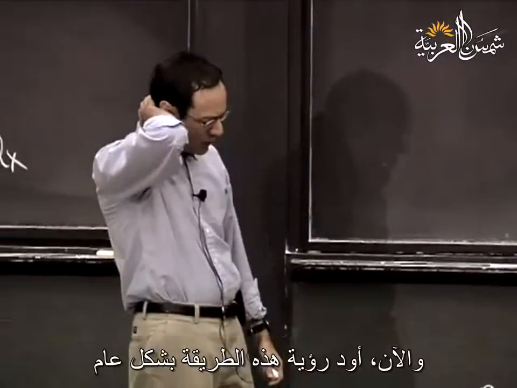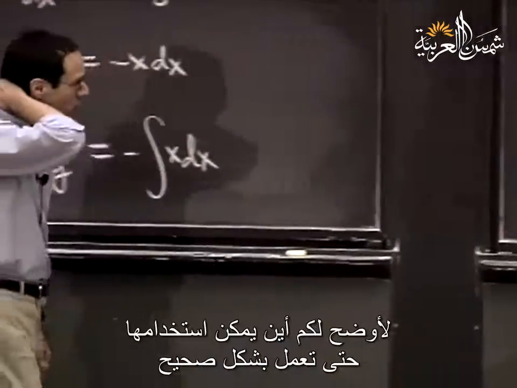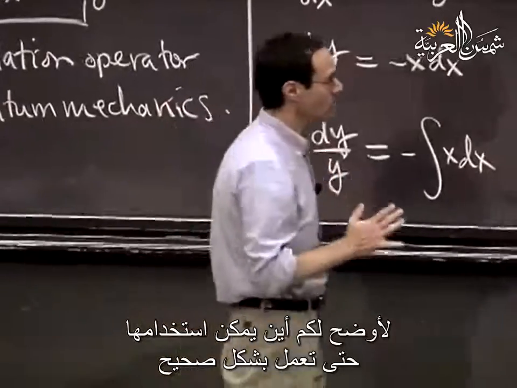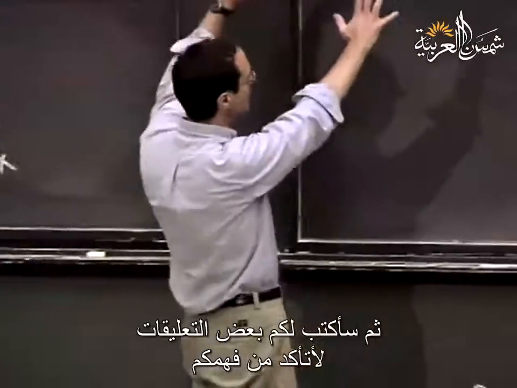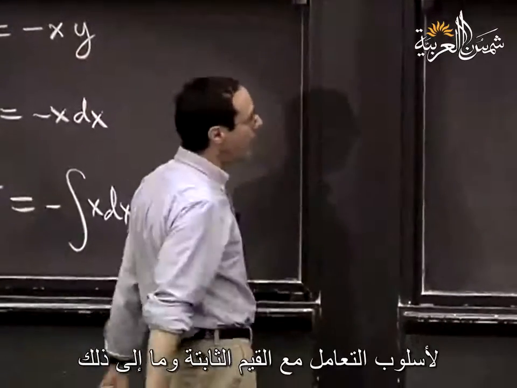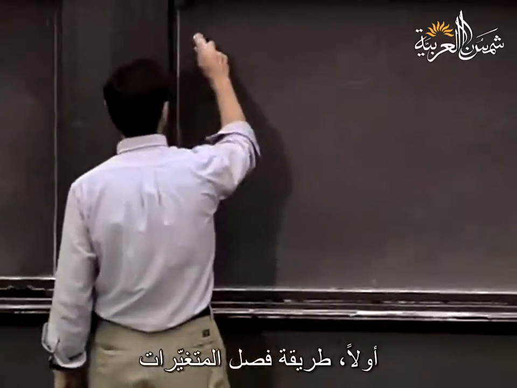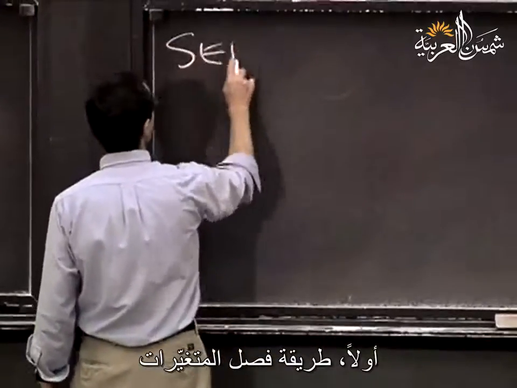So next, what I'd like to do is just go through the method in general and point out when it works. And then I'll make a few comments just to make sure that you understand the technicalities of dealing with constants and so forth. So first of all, the general method of separation of variables.